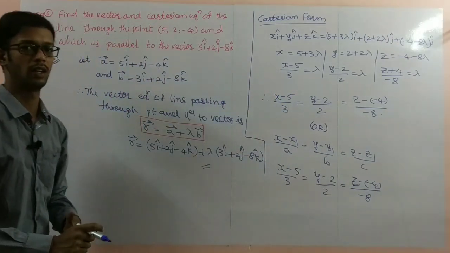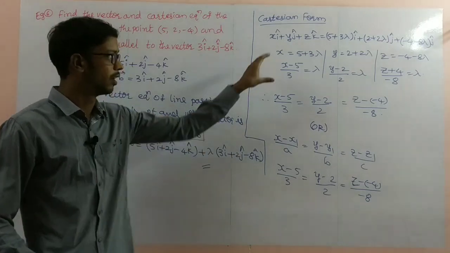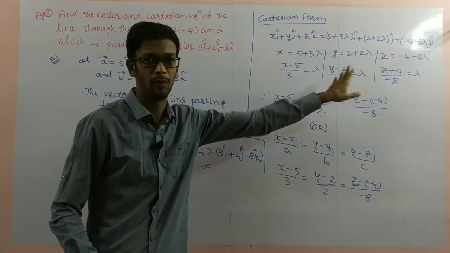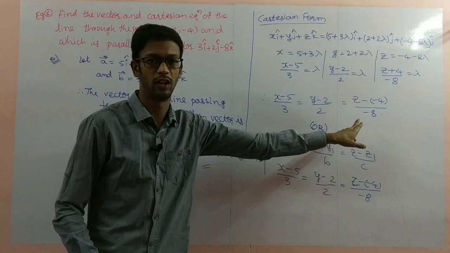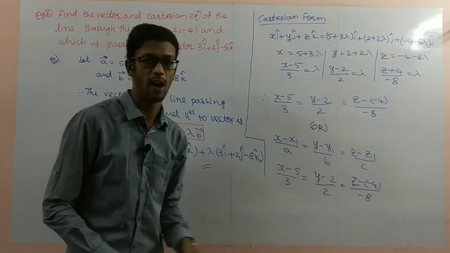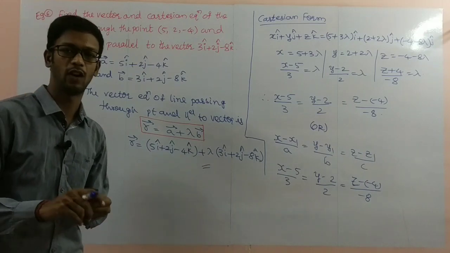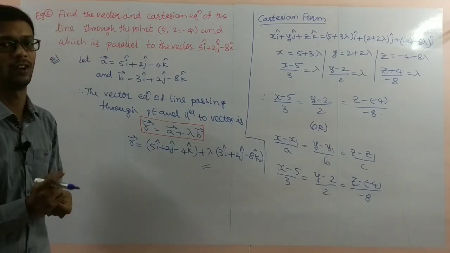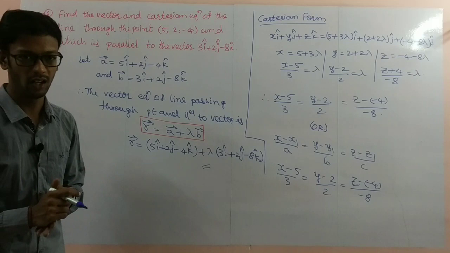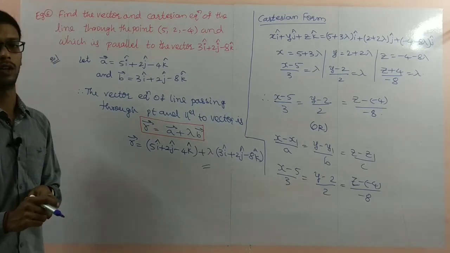So you can write this problem by direct substitution, comparison, finding the lambda value and equating, or otherwise by using the formula. This is the way of finding the line equation passing through a point and parallel to a given vector. Pause the video to note it down.